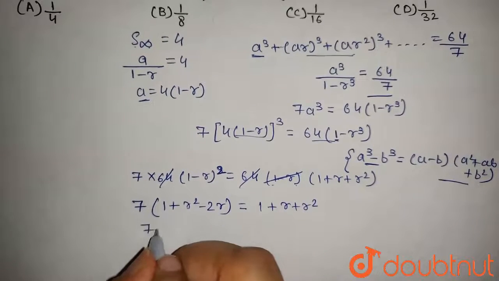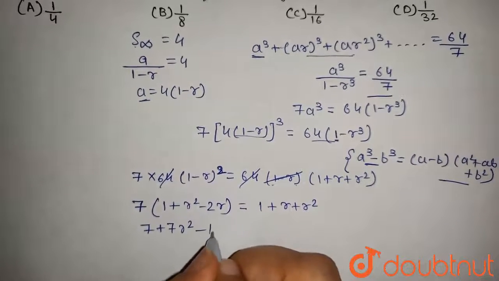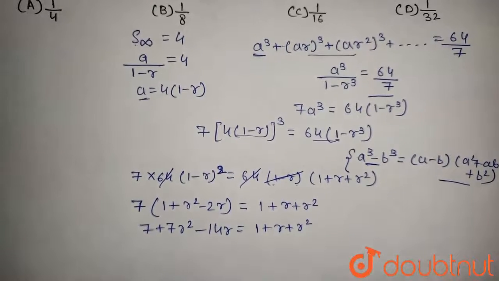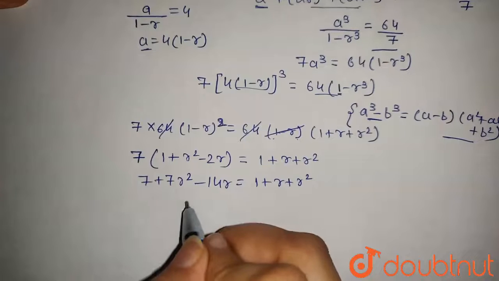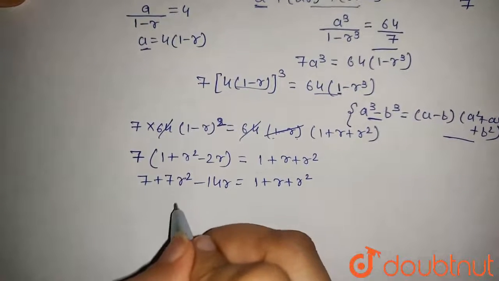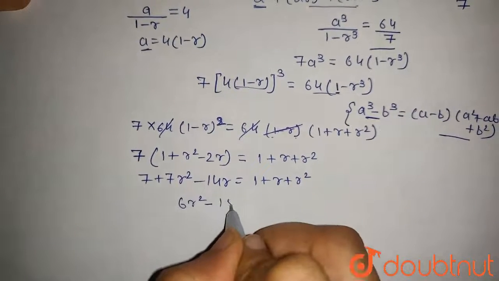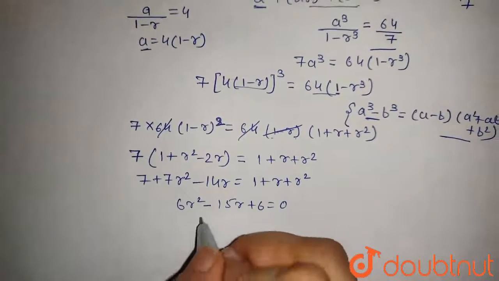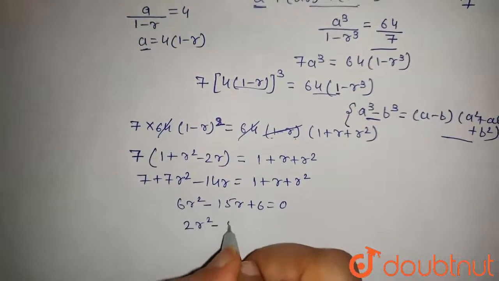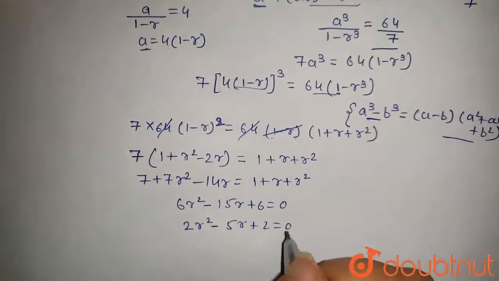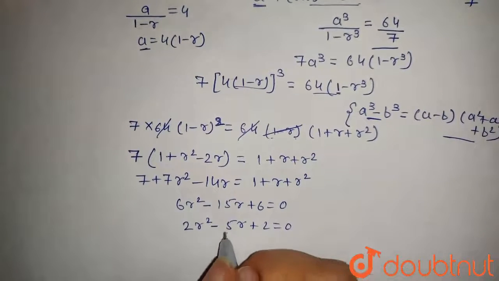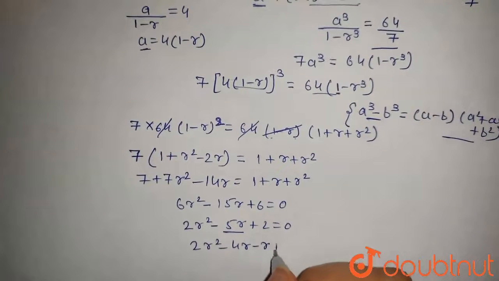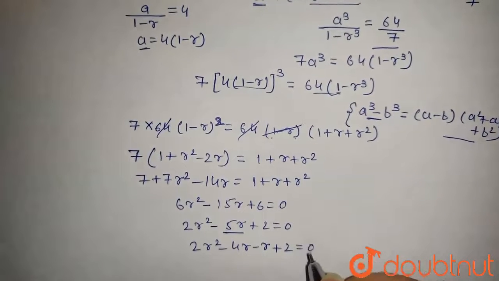But this will now be 7 plus 7r square minus 14r is equal to 1 plus r plus r square. On simplifying this, we get 6r square minus 15r plus 6 is equal to 0. Taking 3 common, we get 2r square minus 5r plus 2 equals 0. Now we can break the 5r as 2r square minus 4r minus r plus 2 equals 0.